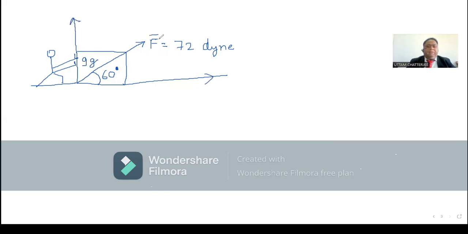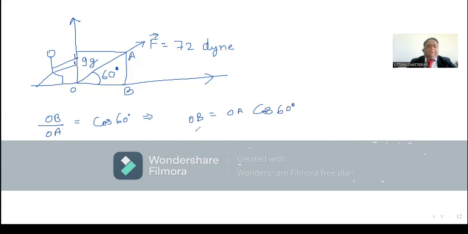So this is a vector. If we resolve this vector, say if it is O, A, B, then to find the force acting in the direction OB, we write OB by OA equal to cos 60 degrees, or OB is equal to OA cos 60 degrees.